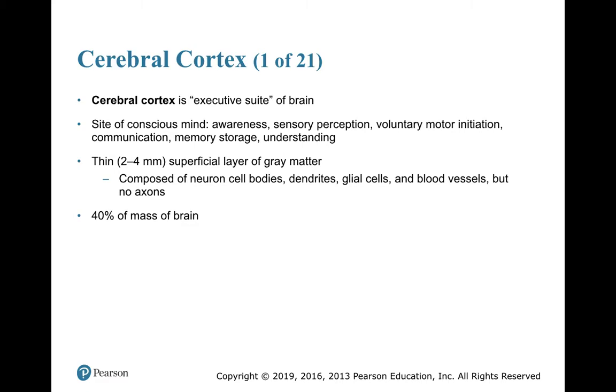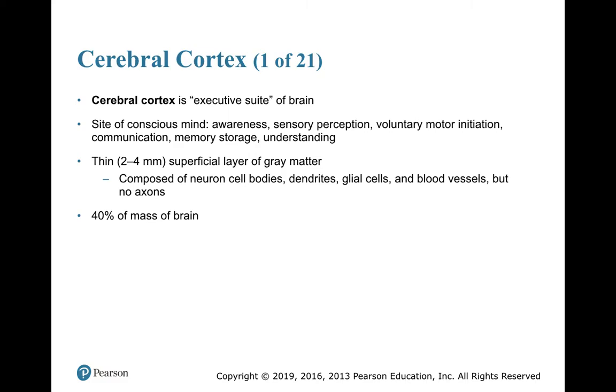The cerebral cortex is our executive suite. It's a place where our conscious mind is constructed. It's where we owe awareness to sensory perception, voluntary motor movement, communication, memory storage, understanding. It is not very thick, especially the cell body part. It's only 2 to 4 millimeters in depth.